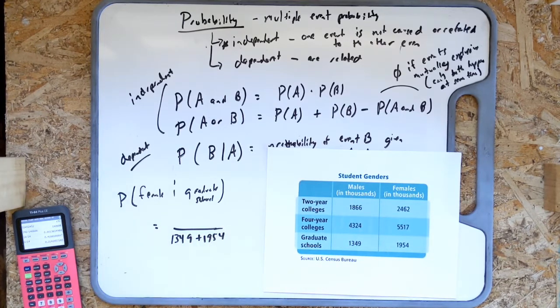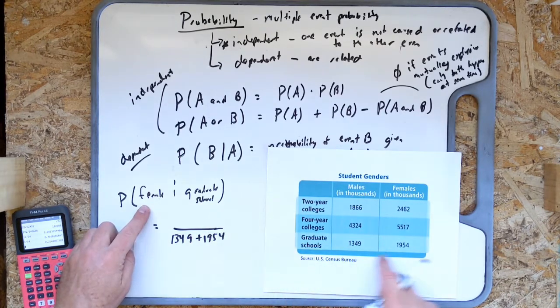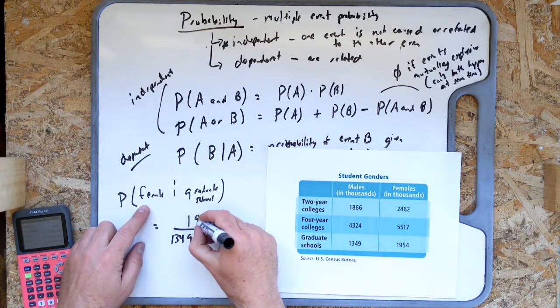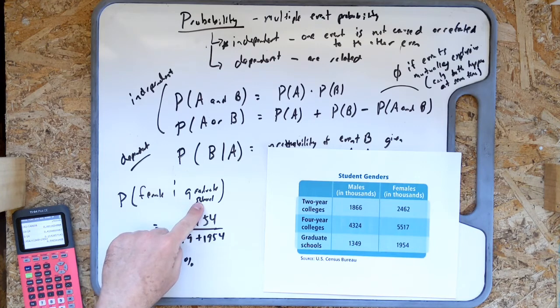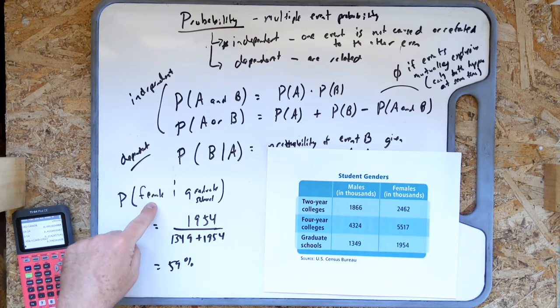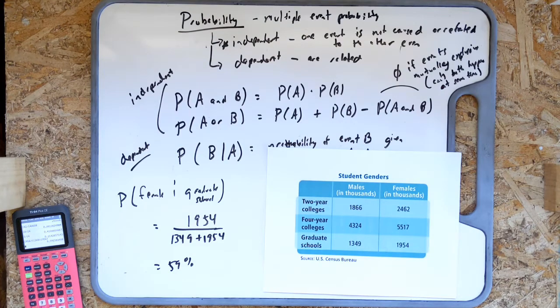That's your total. And then the probability that you're female is 1954 over the total. So 1954 divided by 1349 plus 1954, or 59%. Again, conditional probability: you're assuming this has occurred, and this is the event you're actually checking the probability of, given that that's occurred.